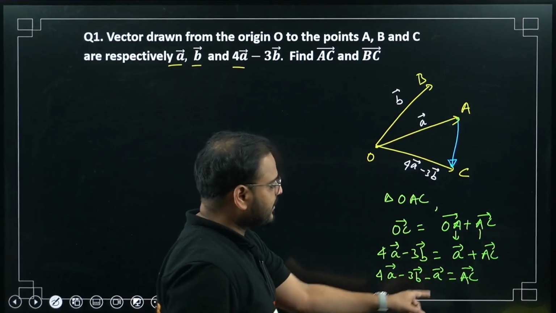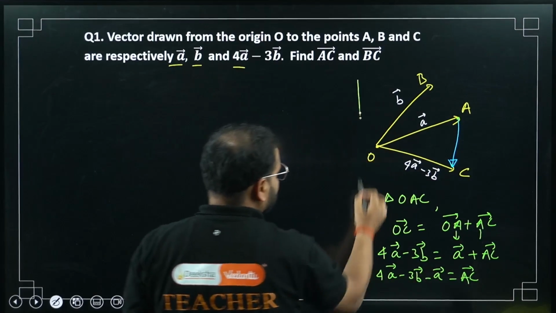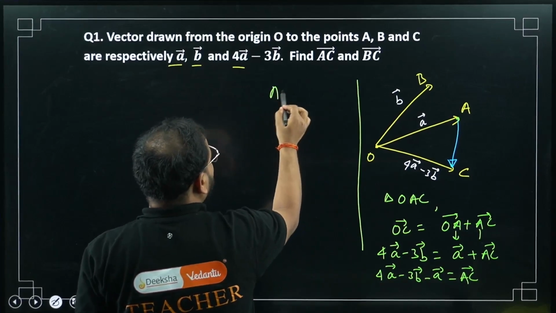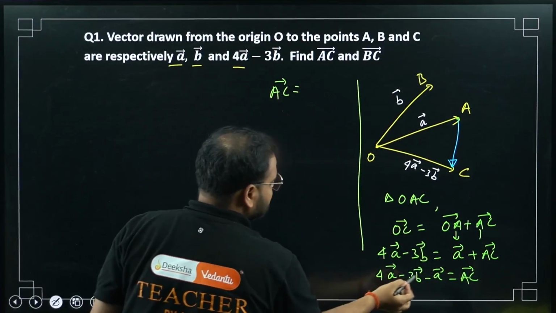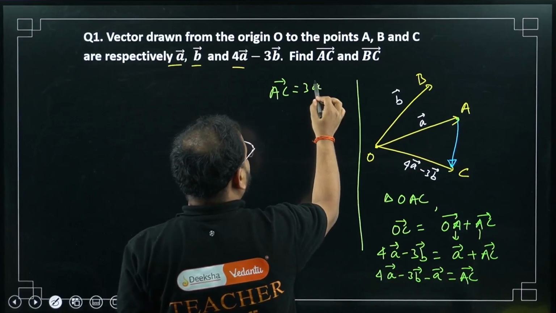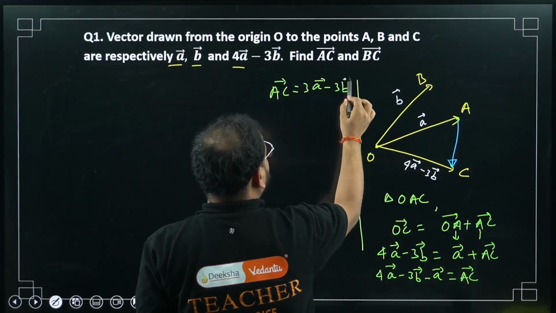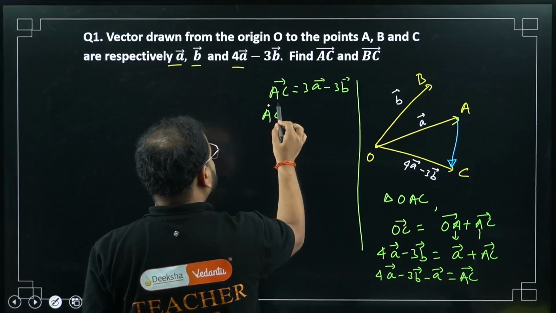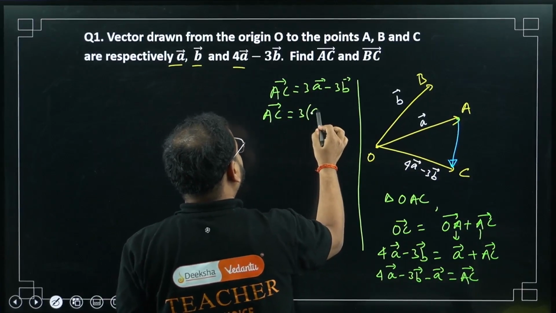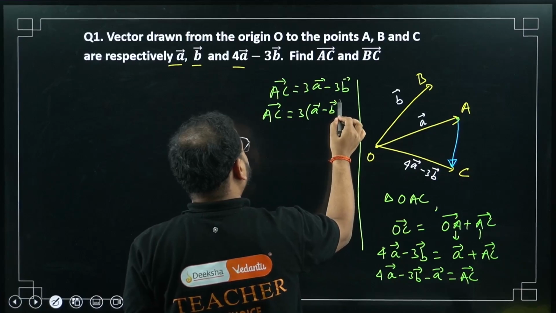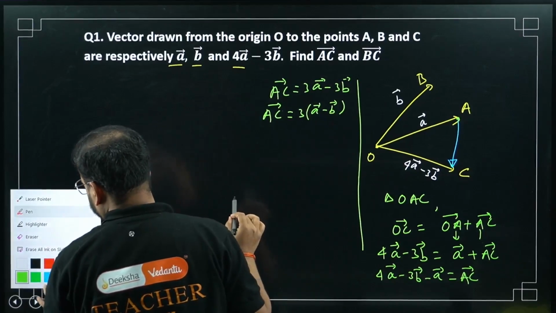A is moving on this side, so it becomes negative. What is my result? Vector AC is equals to 4A minus A, 3A, minus 3B. So AC equals to 3 times of A minus B. My first answer.